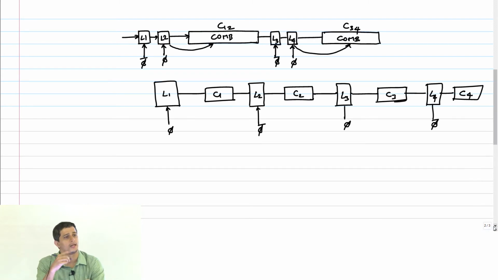Now, as I told you earlier when we discussed the hold time violation, overlapping clocks is a big problem. So people generally try not to use just clock and clock bar, because inevitably the two edges will overlap at some point and you have a violation. The best thing to do is to generate what are known as non-overlapping clocks, two clocks, phi 1 and phi 2.